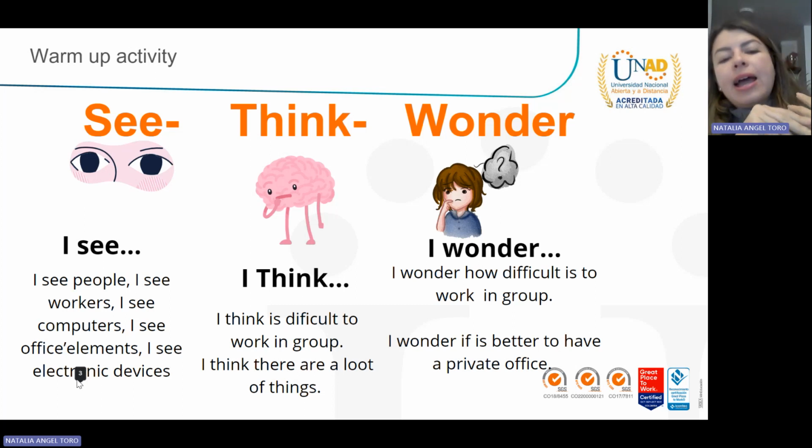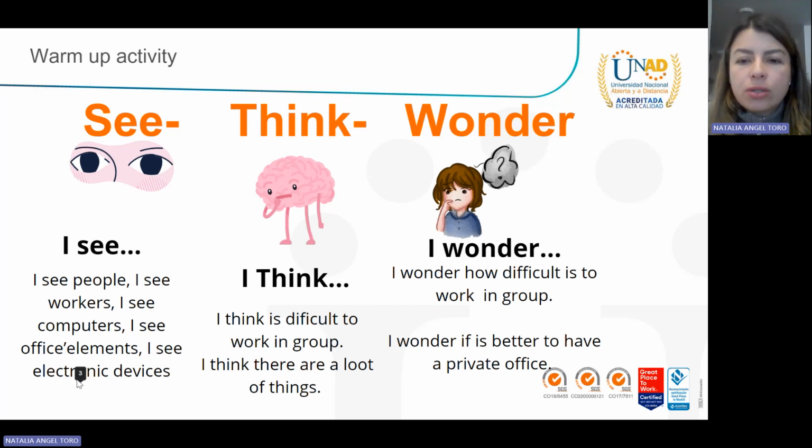So I can say, I think it's difficult to work in a group, or I think there are a lot of people on the table. There are a lot of things. I think it's hard to work in that way, or I think working in a group is the best way to develop a project. Just think. And finally, what do you wonder about the picture?